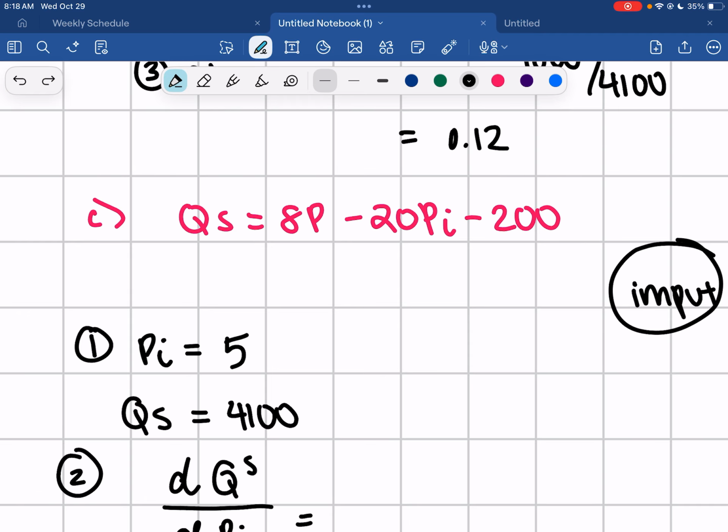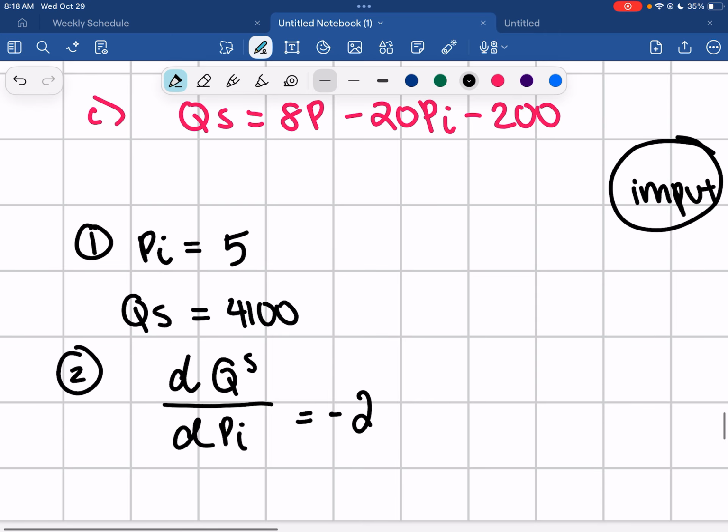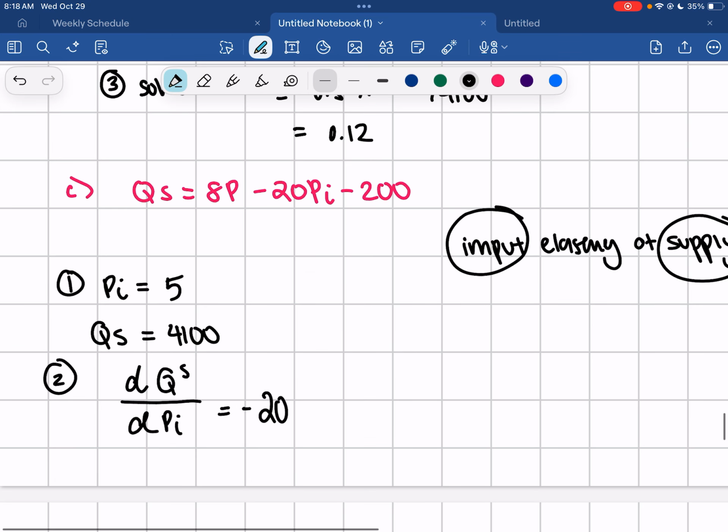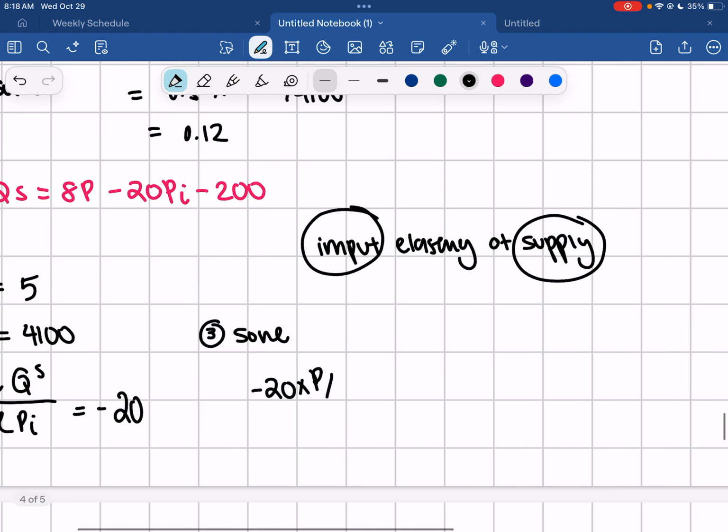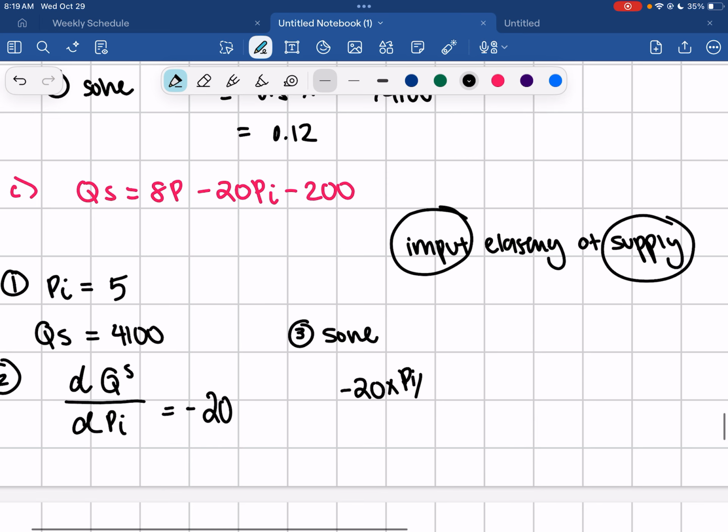And what is the slope of PI? It is -20. So let's add it into the equation now and solve. We have negative 20 times PI over QS. So let's input the numbers.